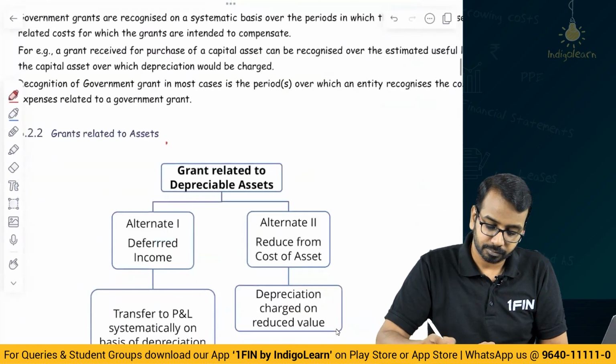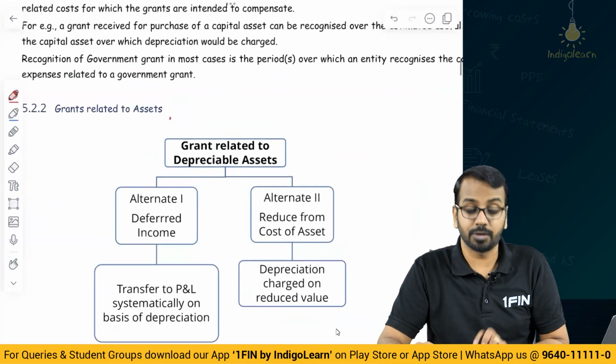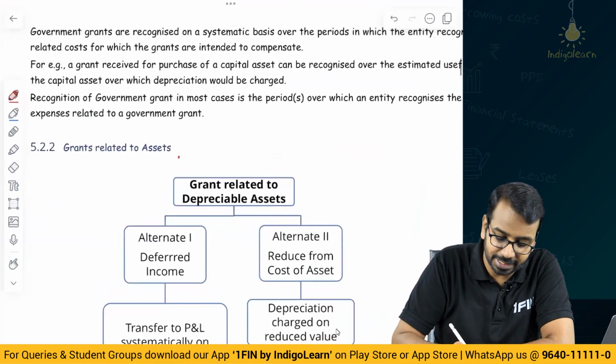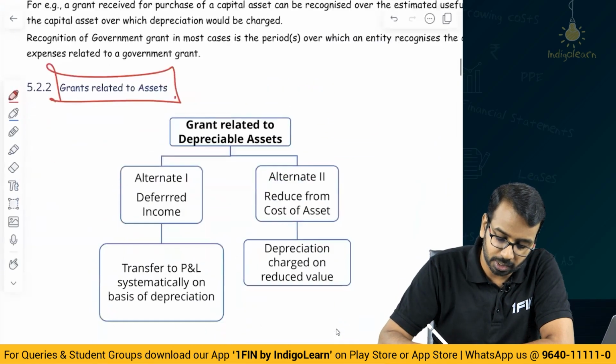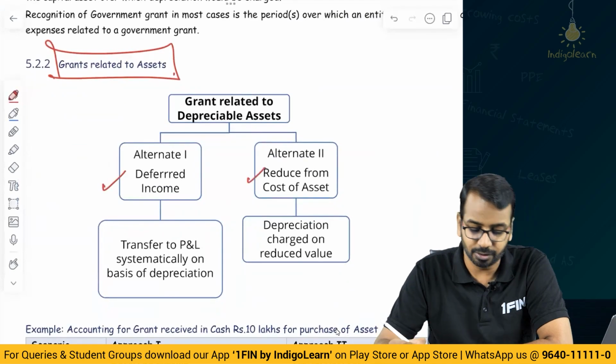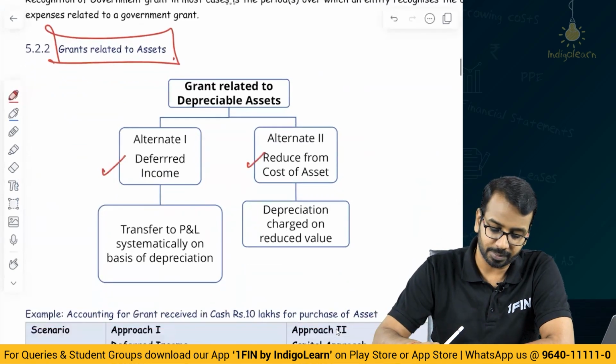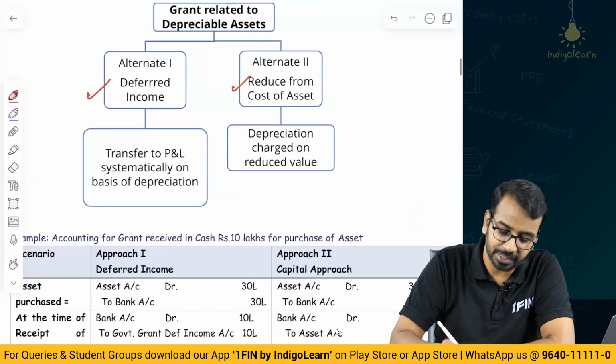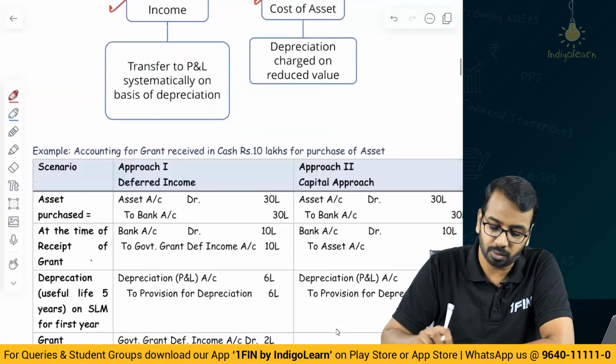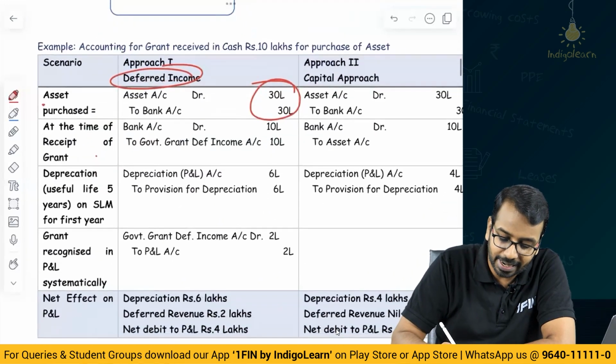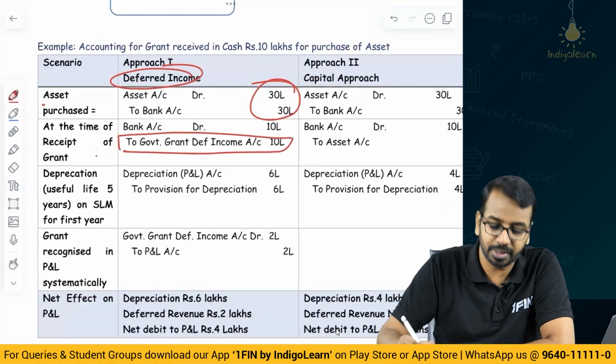Now, coming to different ways of accounting for different types of asset, if it is grant related to asset, you can either follow a deferred income method or you can reduce it from the cost of asset. So, what happens is, if you follow deferred income method, asset is recognized at original cost of, let us say, 30 lakhs, and the grant is credited to deferred government grant account.